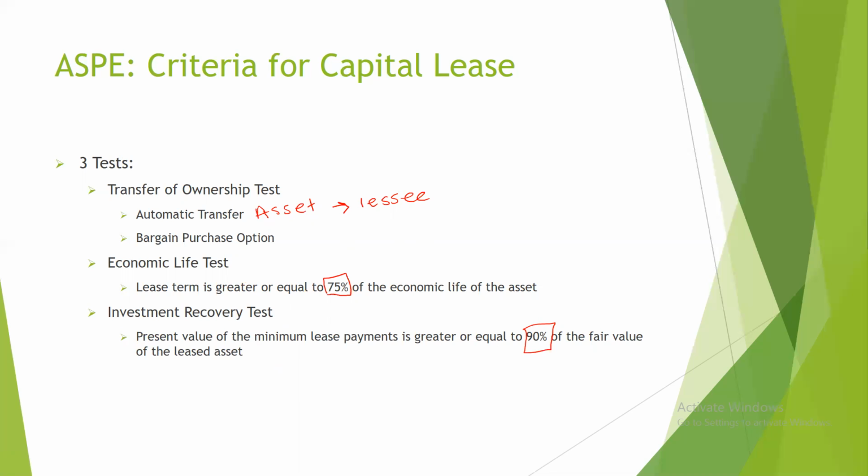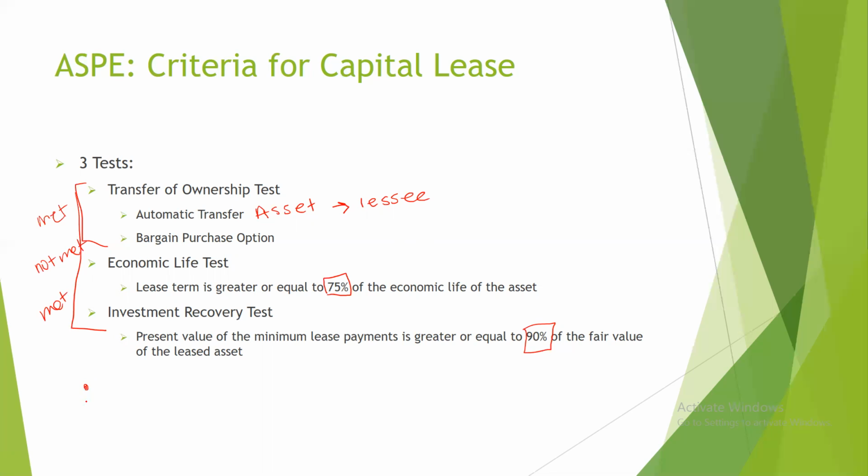What I want you to do is go through each of these 3 tests. So even if there is a transfer of ownership and you know that, oh, if this criteria has been met, then I know it's a capital lease, so I don't have to move on. What I want you to do for this course is to make sure you go through all 3 tests, explain whether they're met or not met, and then do your conclusions.